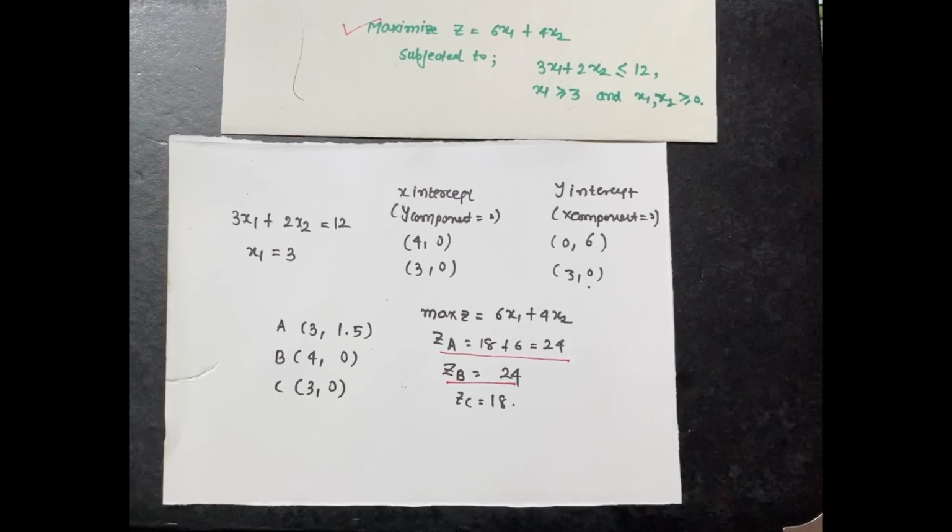So what does it indicate? It indicates that this particular case follows the multi-optimality condition. What is the multi-optimality condition? Multiple selections of the decision variables, multiple values of your decision variables, satisfy the maximum condition.